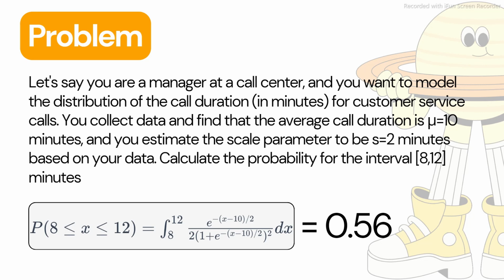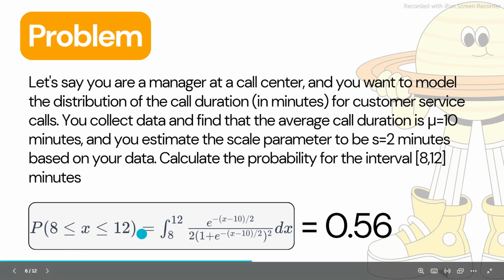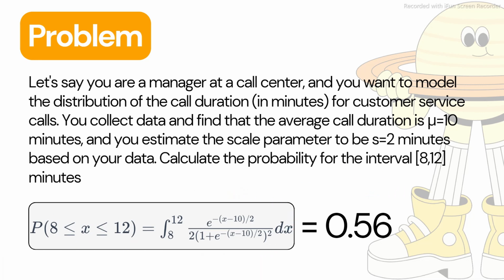We have to calculate the probability of all the calls between the range of 8 to 12 minutes. Using the formula we previously discussed, we can write P of 8 less than or equal to x less than or equal to 12, and calculate it as 0.56.